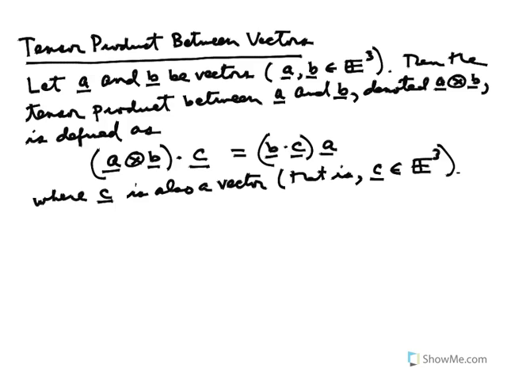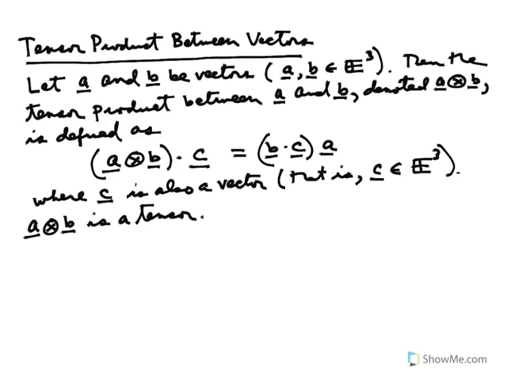Now, from this definition, we can show that A circle cross B is in fact a tensor itself. How do we know that it's a tensor? Well, the first thing is, what's the input to A circle cross B? The input is a vector, and the output is also a vector. So let's write that down.